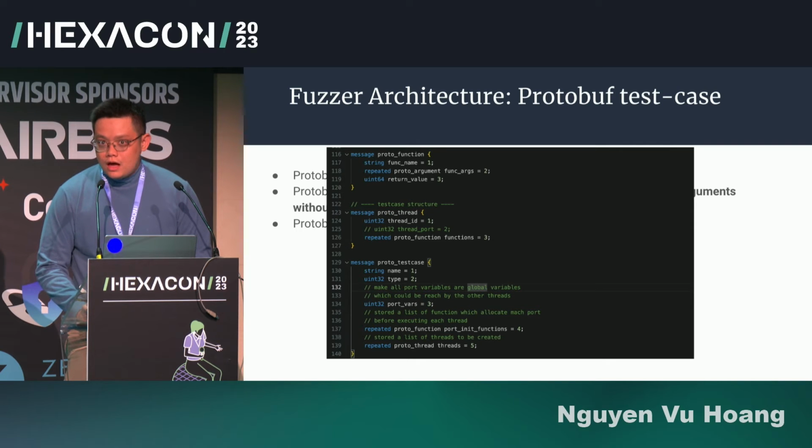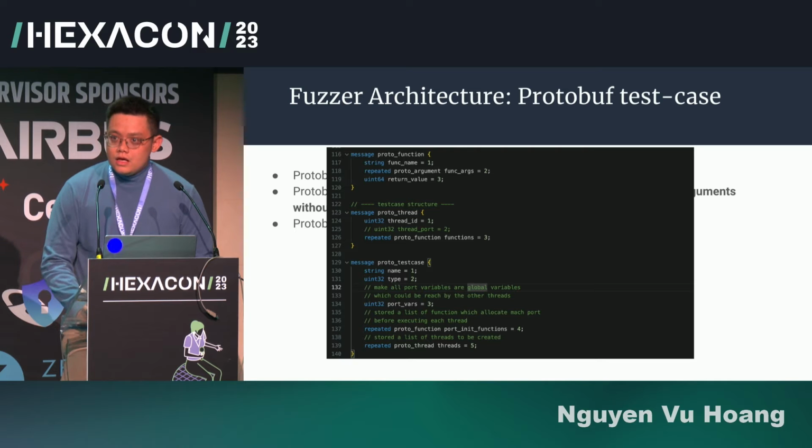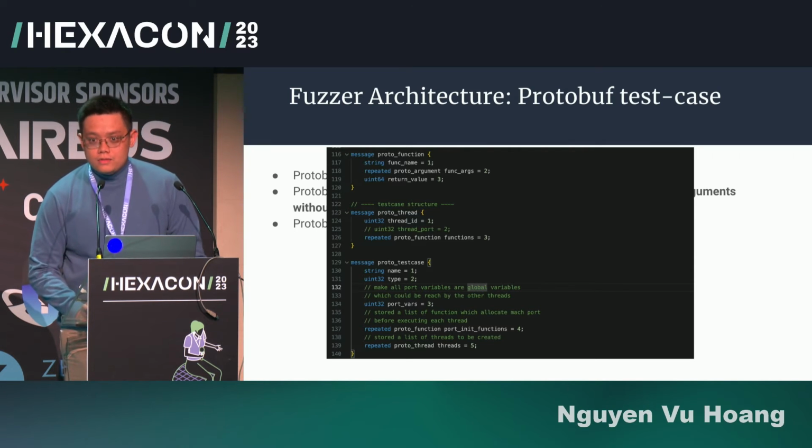So what does my prototype test case look like? It contains some useful variables, such as the number of Mach ports that will be declared and allocated in the C file, and then an array of threads, and each thread contains an array of functions, and each function contains an array of arguments.